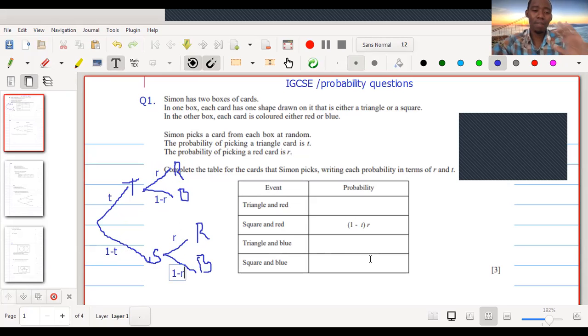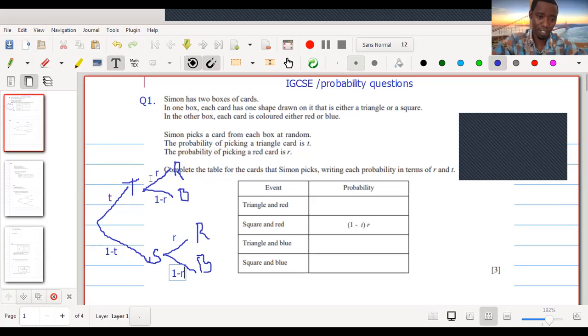Remember, students, along the branch, you multiply the probabilities. Don't add them. You multiply. If I do triangle and red, to pick a triangle and red, it's this branch here, this one and this one.